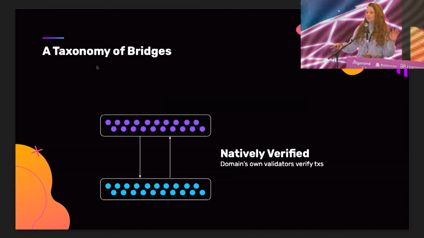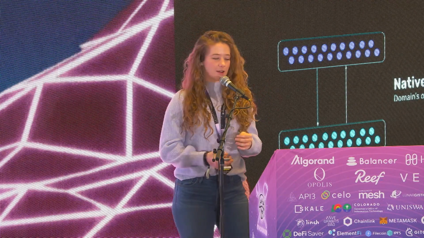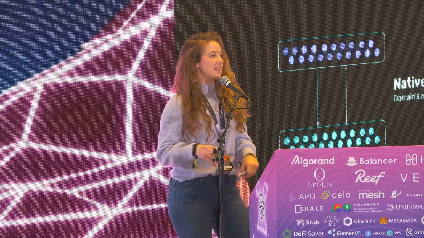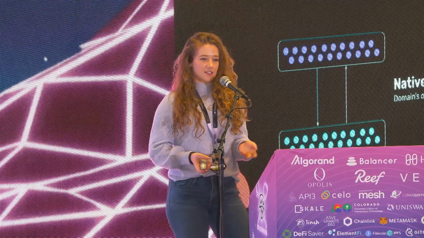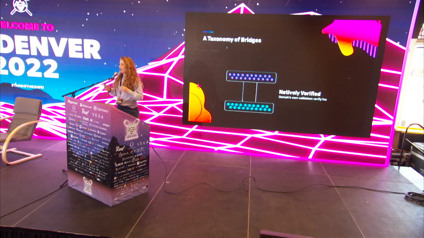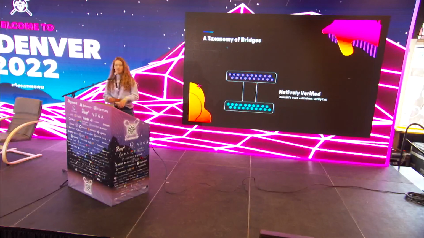So let's take a step back and evaluate what bridges exist and what the setups are for them and how we can think about their security models. So the first is a natively verified bridge, and these are like light client bridges where there's some block header verification for the bridge itself to make sure that the transactions are secure. These are awesome because you can pass pretty much any data you want from one chain to another. They're very generalizable.